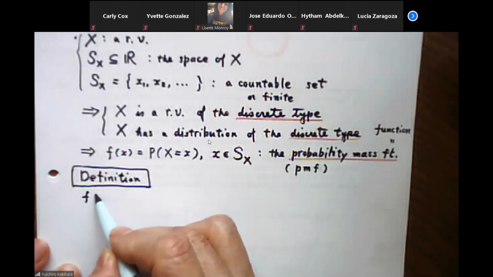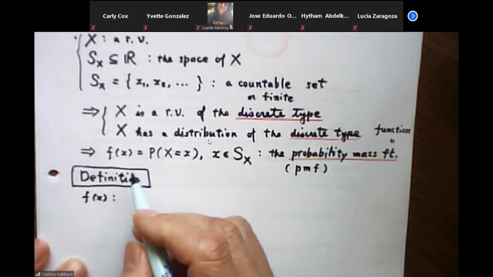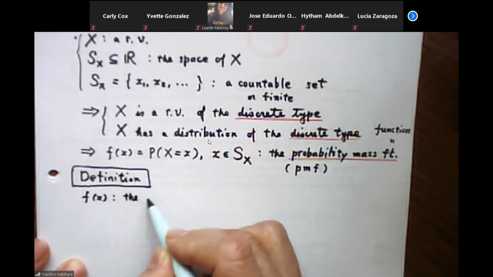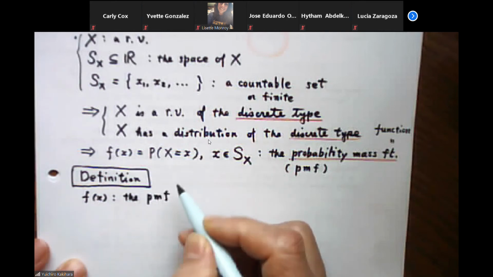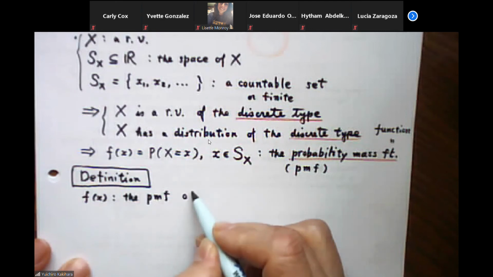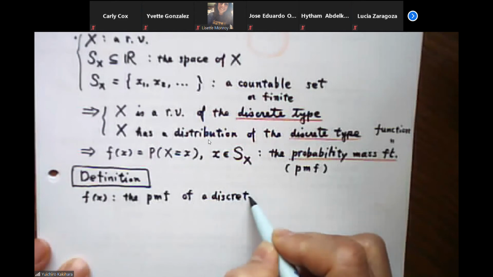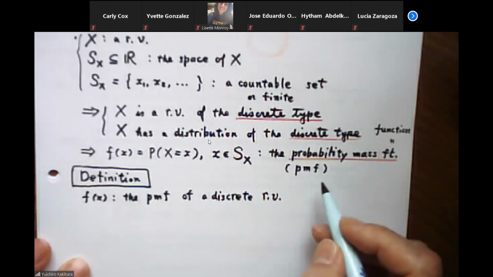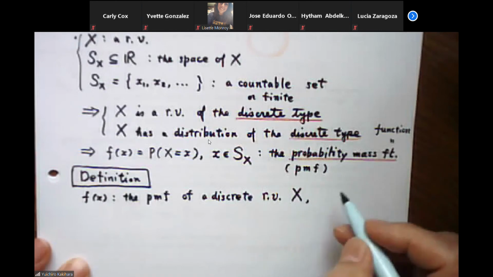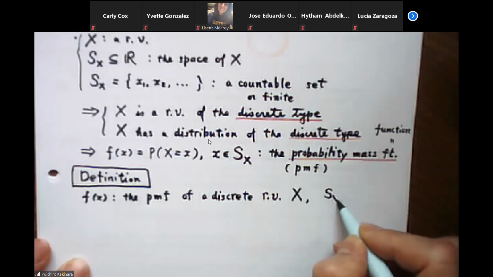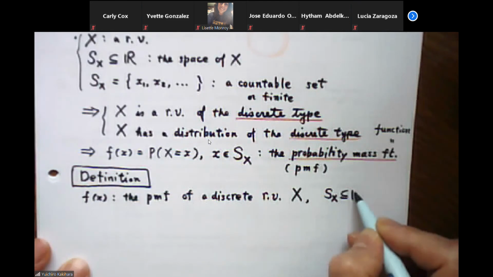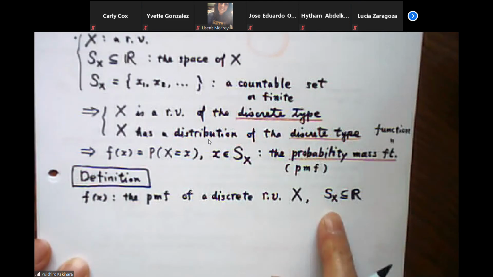So f of x is the PMF, the probability mass function of a discrete random variable X. And then the space of X is denoted as S sub x. And this is, of course, a subset of R. The textbook is not using this S sub x, just S, but it's confusing, so I'm writing sub x, okay?